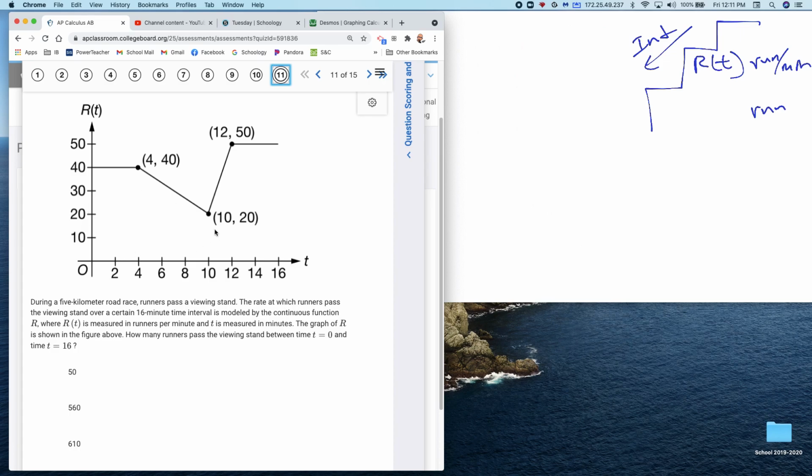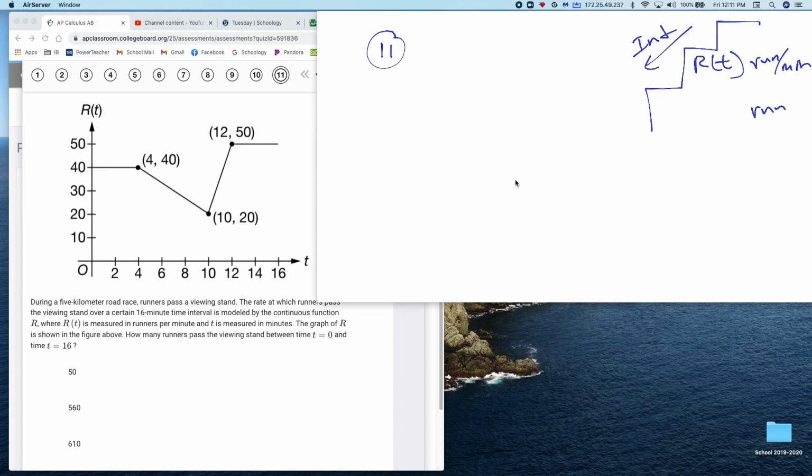Because what we really want is the integral from 0 to 16 of r of t, which means we're going to add up some areas. And I would split this into a couple different sections. So we're going to split this up, into this section right here. That one's going to be 4 times 40 plus.